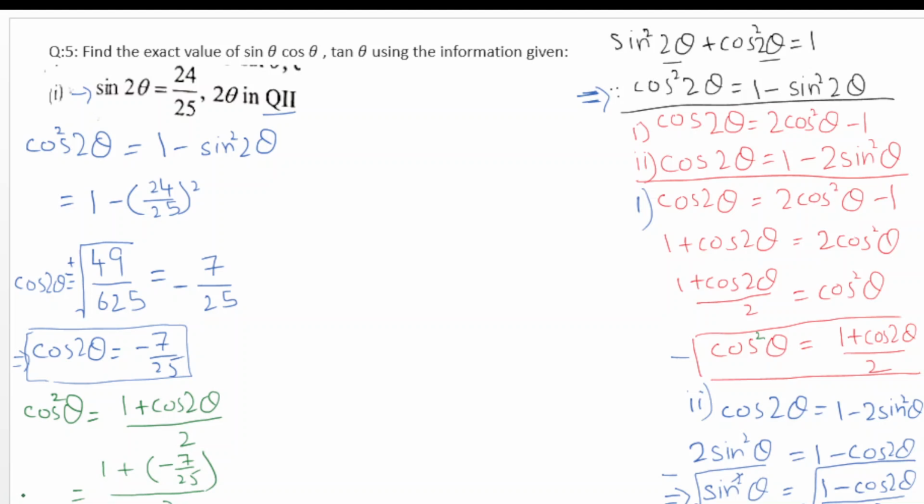So here on the other side, cos 2 theta is continued. Let me put the line over here like this. I will start writing from here. So cos square theta will be equal to, after solving, I'll try to solve directly.